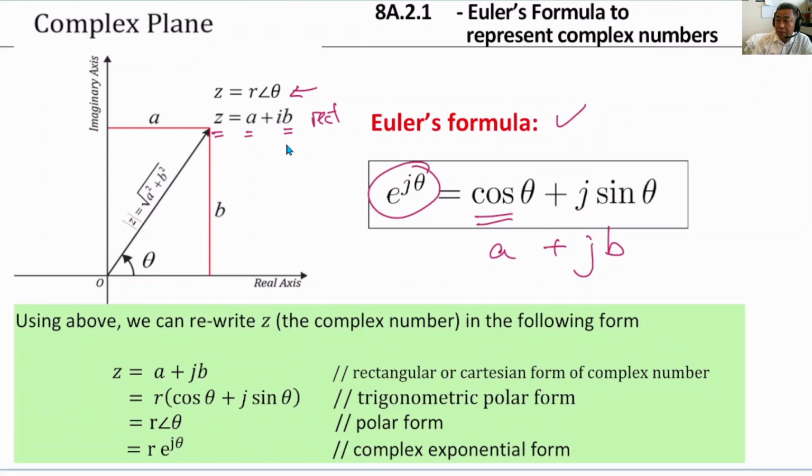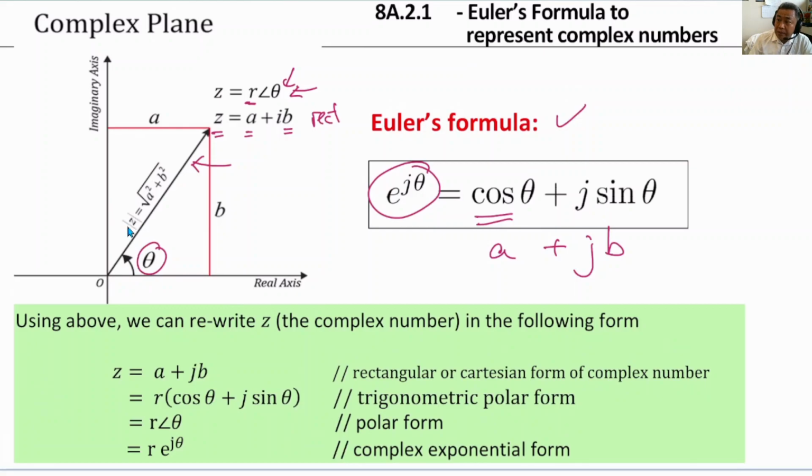And then we also remember that we could have written it as r angle theta, where r is the modulus and theta is the angle made with the real axis. So this is theta, the angle of z, where z is this phasor, this vector, and theta is the angle made anti-clockwise with respect to the real axis.